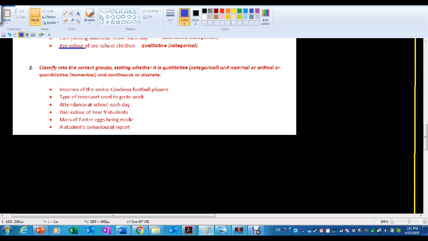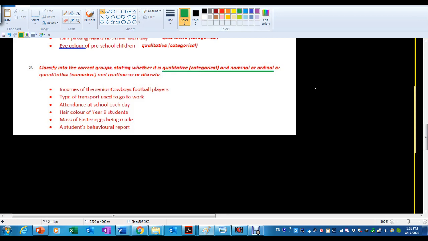So you need to state whether it's qualitative, and if it's qualitative, you need to mention whether it's nominal or ordinal.